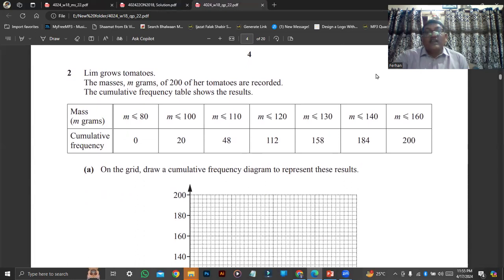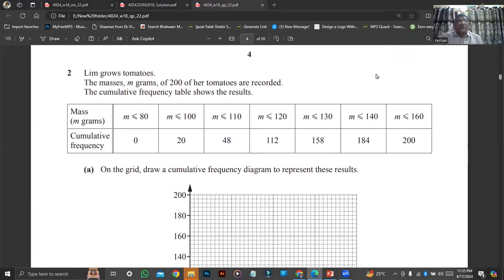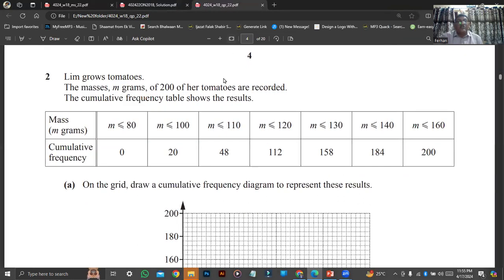So we are going to the next question, and the next question on your screen is question number 2. It says, Lim grows tomatoes. The masses, m grams, of 200 of her tomatoes are recorded. The cumulative frequency table shows the results.